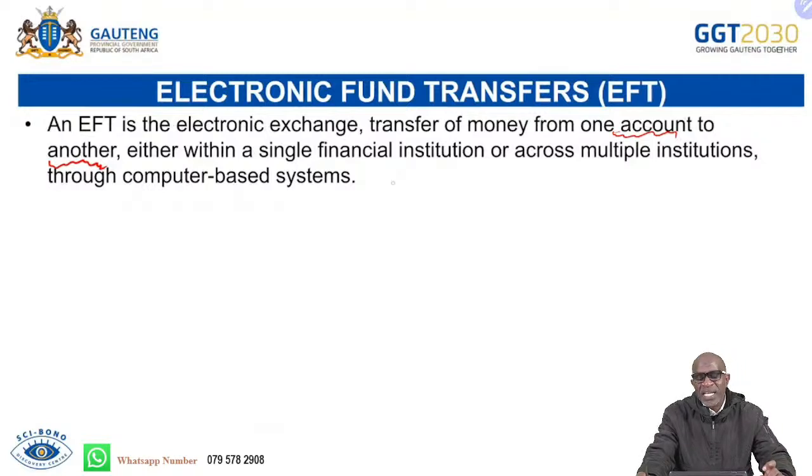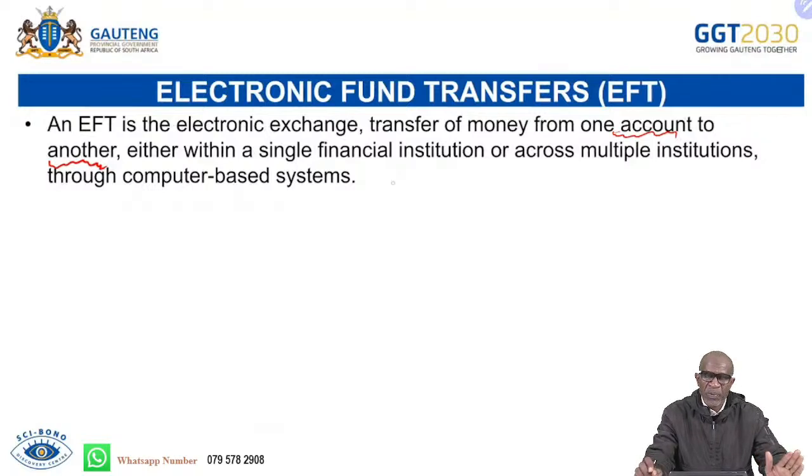So to perform such a transaction, to perform such a transfer, you'll need to use a computer. Not only a computer, but it has to be connected to the internet, hence electronic, meaning that you need to have a gadget like a laptop or a desktop or a cell phone that has access to the internet.